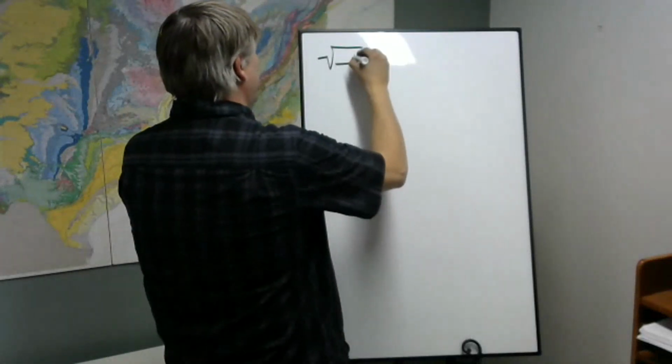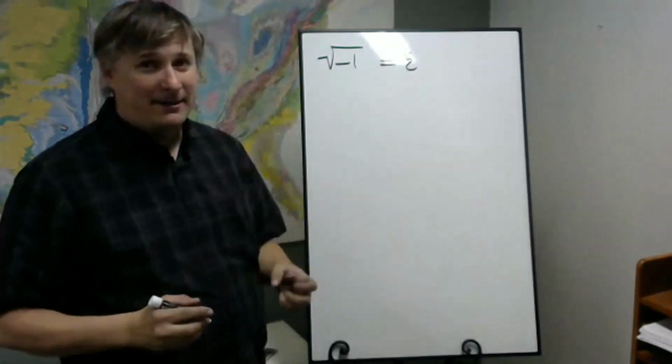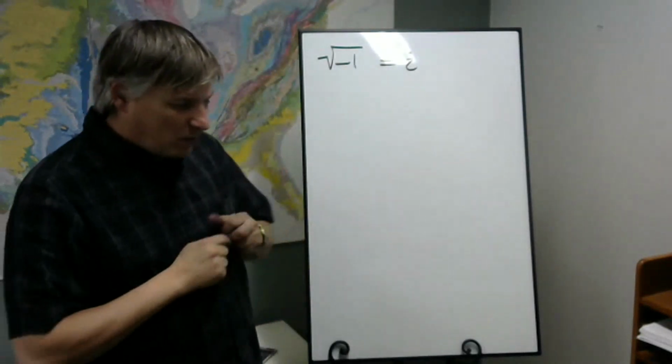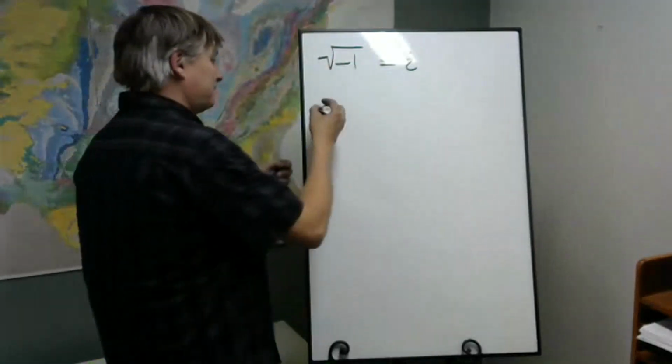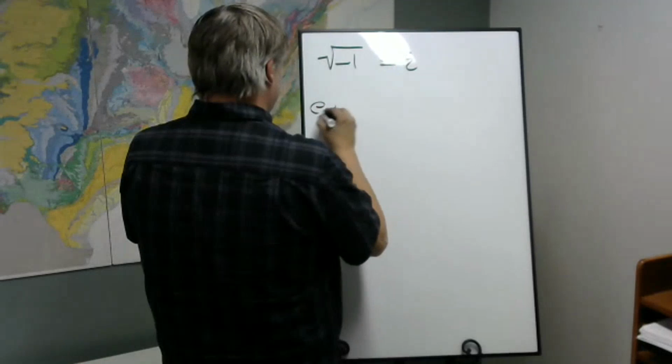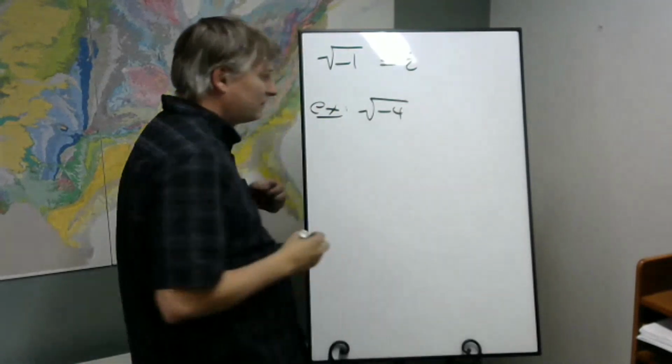The square root of -1, we're going to call i. Now, why do we want to do this? I'll give you an idea of why we like to do this. First off, how does this work for taking, say, square roots of other negative numbers? Well, for example, the square root of -4.